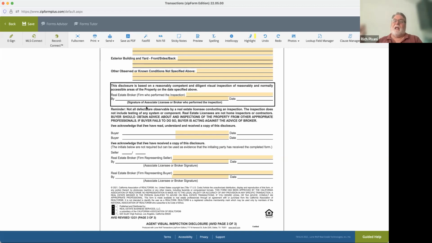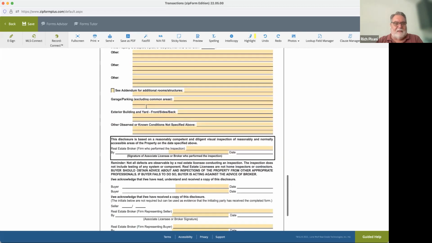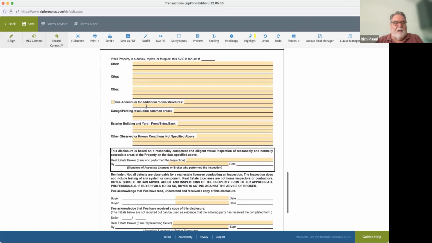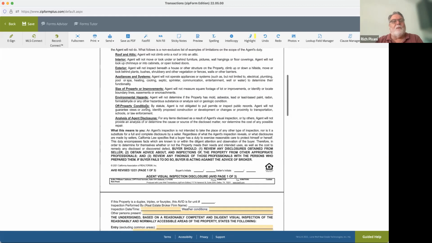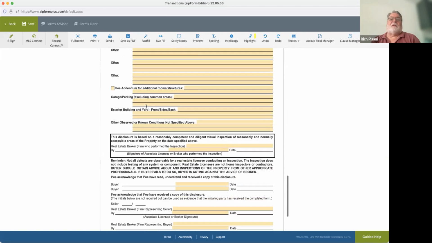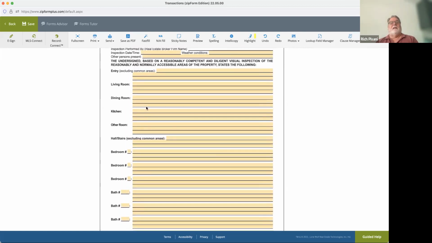And as long as you notate it, I guess I would add an addendum, call it an addendum to the SPQ, and say that the AVID was done by such and such agent via FaceTime or Zoom or whatever. Disclose this is how I did my AVID and this is what I saw. A lot of that happened during COVID.